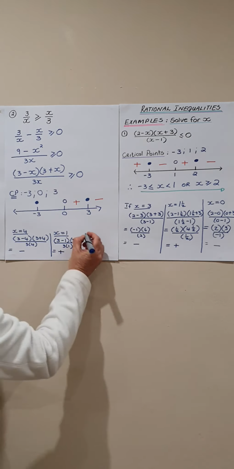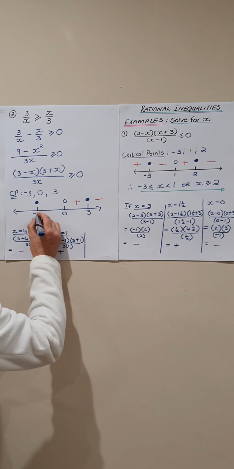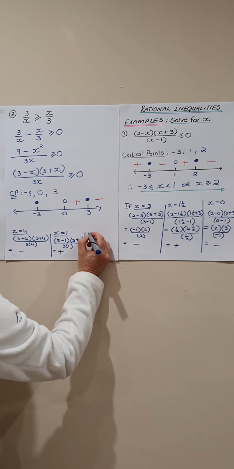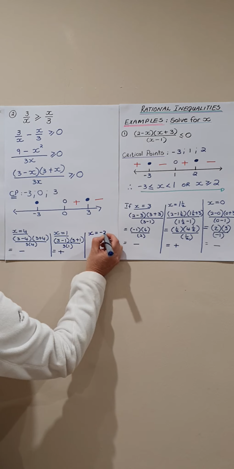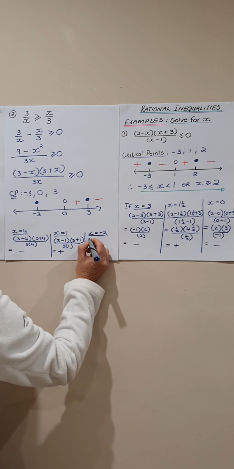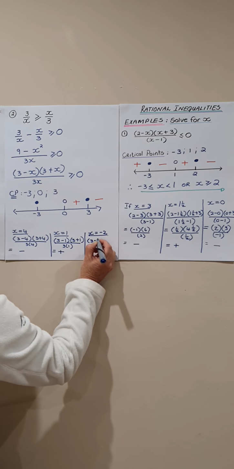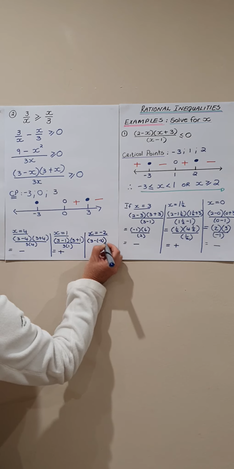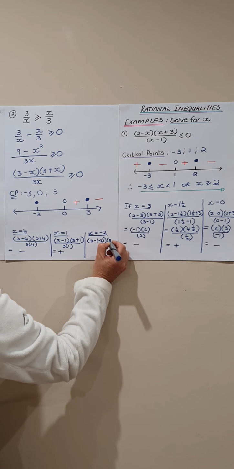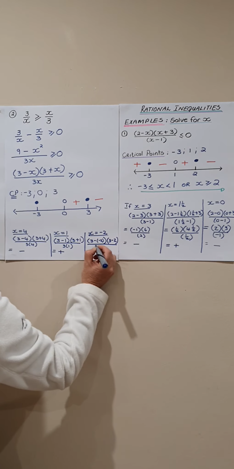Then what's going to happen if x is between minus 3 and 0? Let's say x is negative 2. Alright, so I'm going to have 3 minus negative 2, and 3 plus negative 2, over 3 times negative 2.